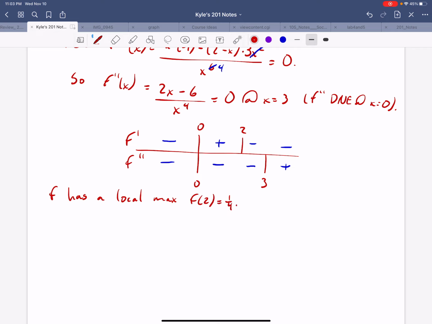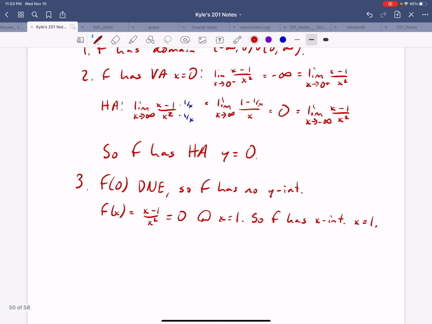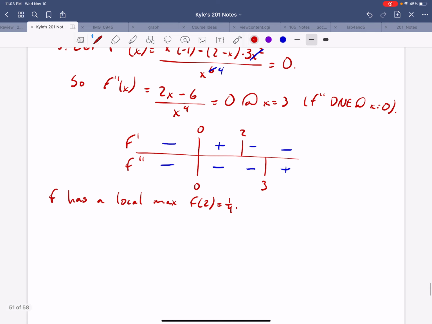So believe it or not, 1/4 is actually your maximum. Somehow that's like the highest value that you get, at least around there. All right, yeah, okay, that makes sense. Okay, so we get that.